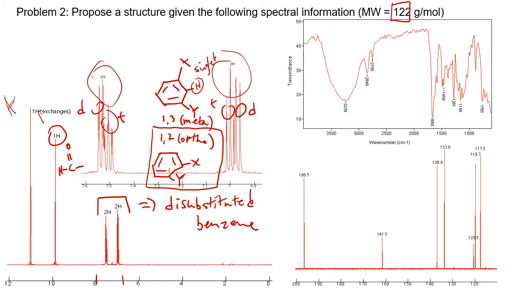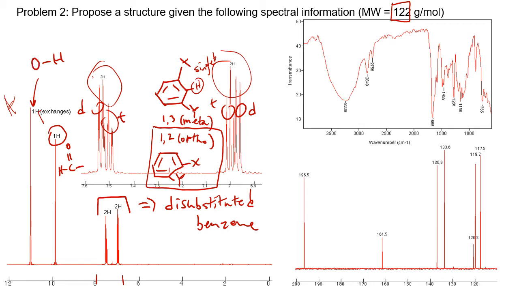Anytime you see a singlet at around 10 ppm, think aldehyde. And then we have an exchanging hydrogen at about 11 ppm. Anytime we see hydrogen exchanges, that means that hydrogen is attached to something like an oxygen or a nitrogen.